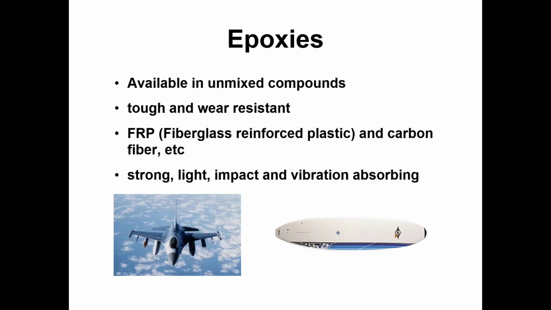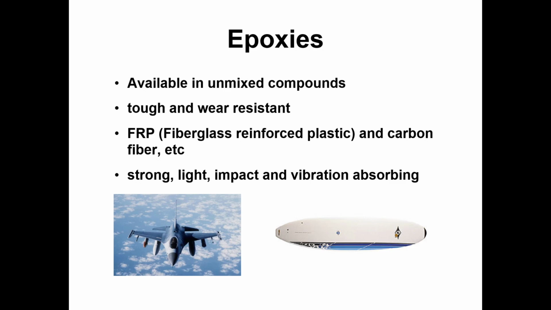Then there's epoxies. Once again, once they're formed, they cannot be broken up and remade into something else. But epoxies are commonly used in something called FRP, or fiberglass reinforced plastic, which is used in surfboards. They take glass cloth and soak it with the plastic itself, the epoxy.